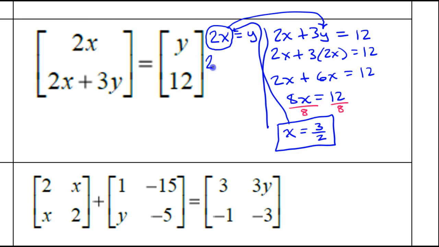So that's going to give me 2 times 3 halves is equal to y. Well, this is like 2 over 1. So I could multiply 2 times 3 and get 6. So I'd have 6 over 2, which is 3. Or I can just notice that these 2's will cancel each other out. Either way, y is equal to 3. So I get x is equal to 3 halves, and y is equal to 3.